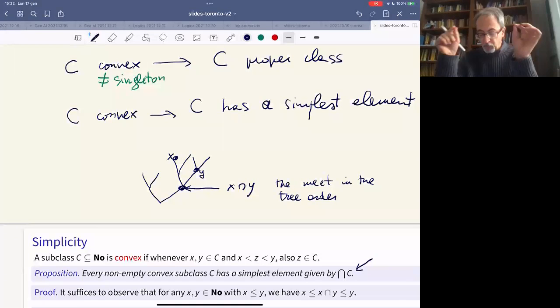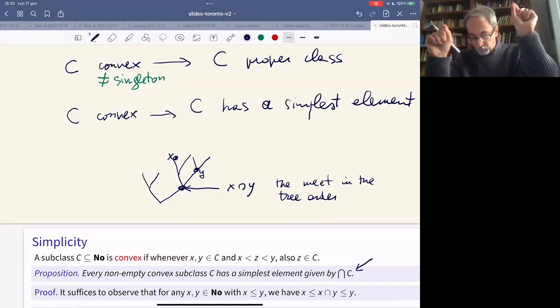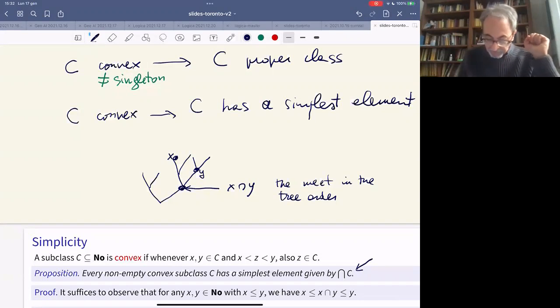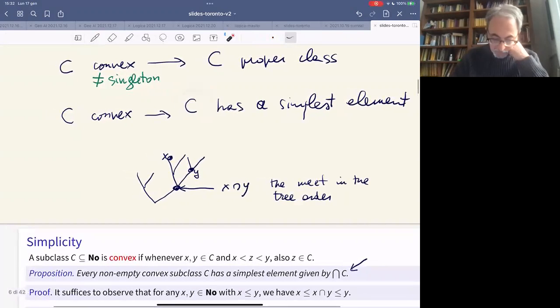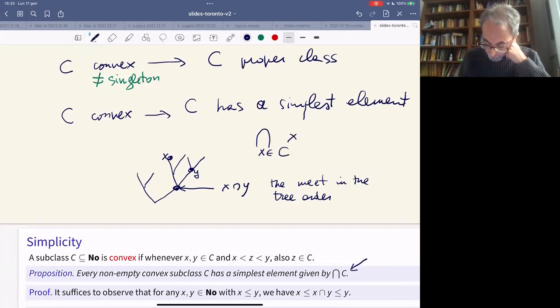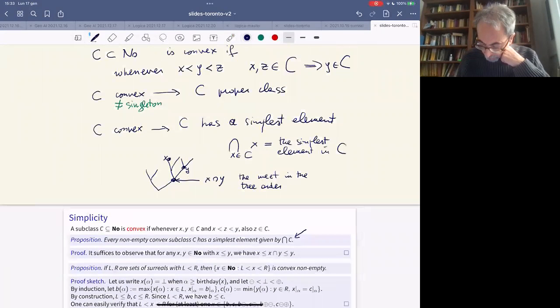And if you take a class of elements, a convex class, the whole intersection is the simplest element in C.